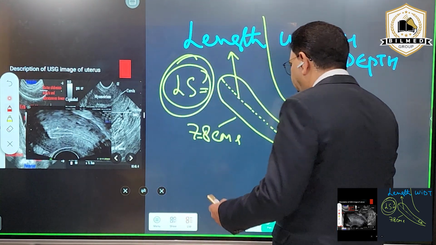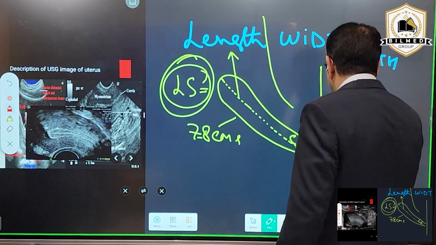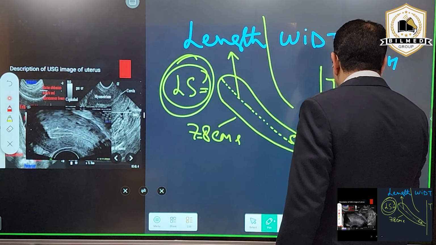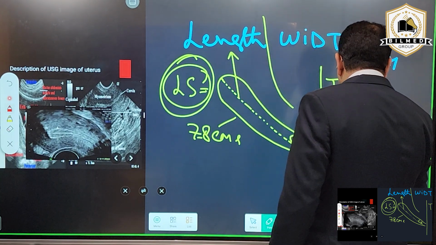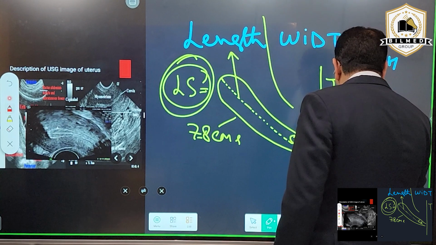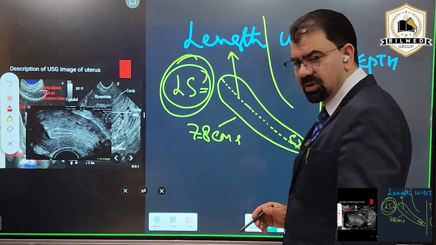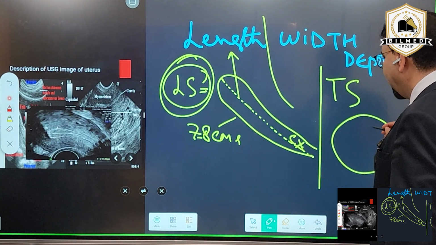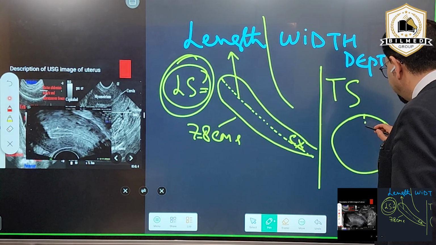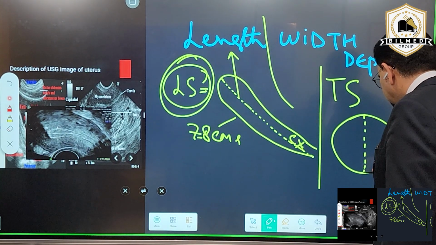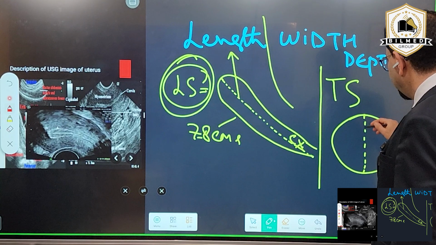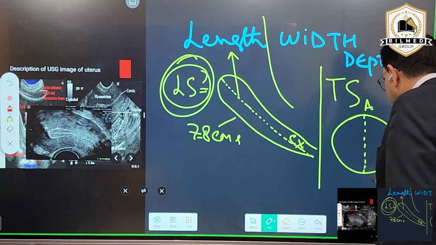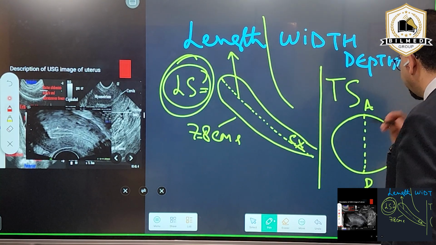Now, when I rotate the probe to take the transverse section, this uterus will now look more round or oval. And if I am measuring from here to here, I am actually measuring, now see, this is anterior and this is posterior. We have discussed the screen orientation.